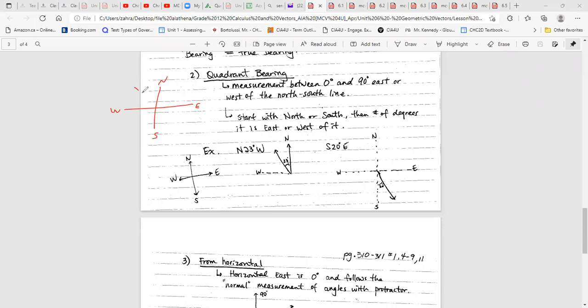North 20 degrees west, so you have to do this. This is 20 degrees. And you put the arrow here. South 20 east. So we start at south and go 20 degrees to the east, because this is east, this is south, right? South 20 to the east. So we start that and you go 20 degrees to the east. So we call this one quadrant bearing.